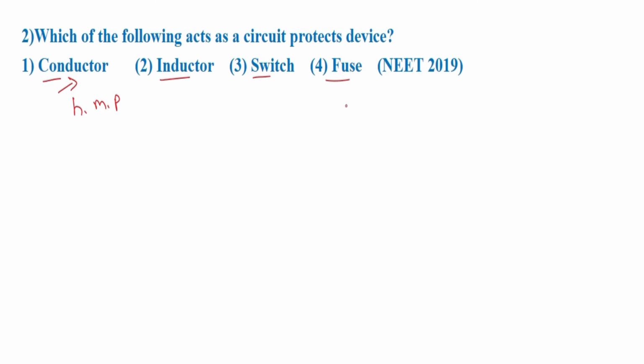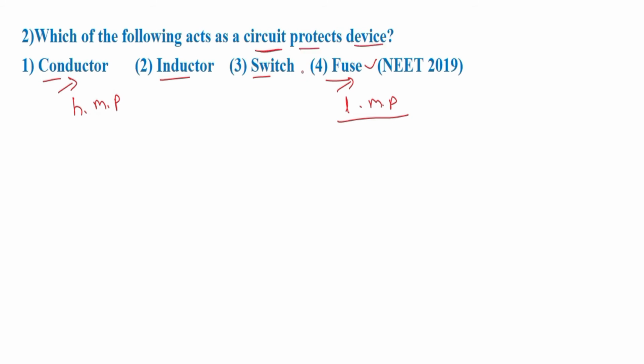Since it has a low melting point, if excess current flows through this fuse, heat will be generated, and because of the low melting point, that wire will get melted. When the wire melts, the circuit will break. Since the circuit is broken, it protects the device. So the fuse is the element which is used as a circuit protecting device.